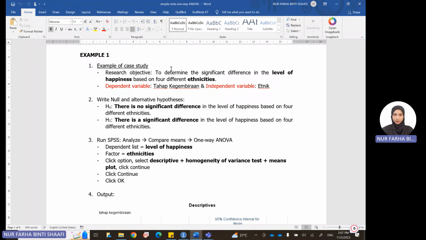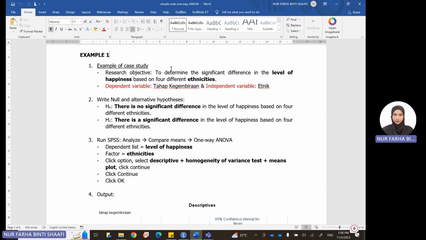Why do we need the case study? Just imagine you have conducted a research. Your research is quantitative. Either you have qualitative or quantitative; if you use SPSS, it means your study is quantitative, not qualitative. So your research has been conducted, and you used quantitative methods.